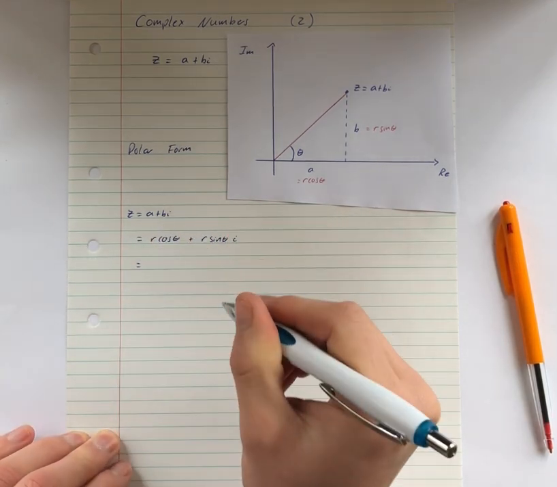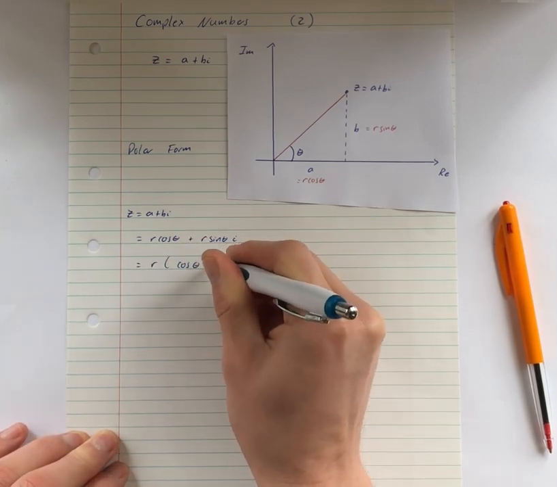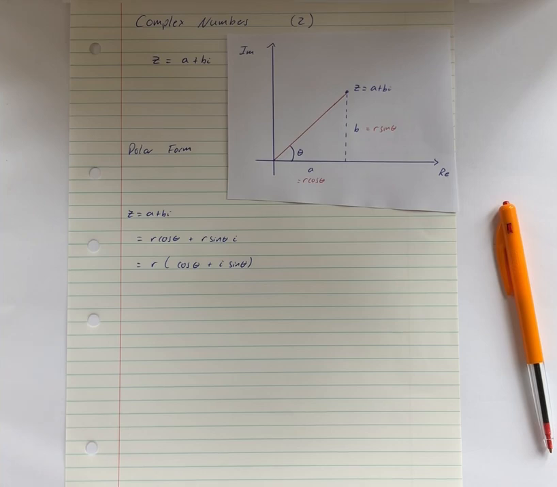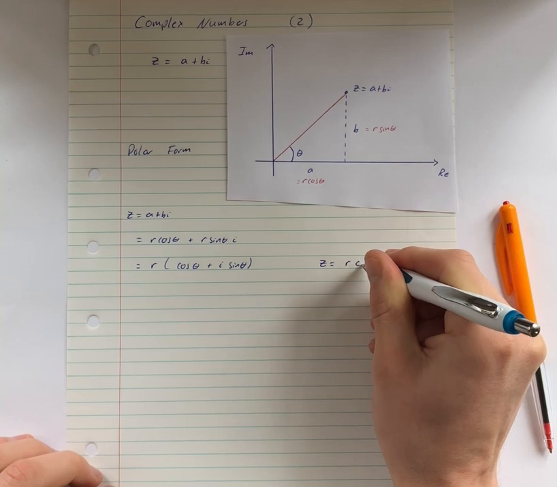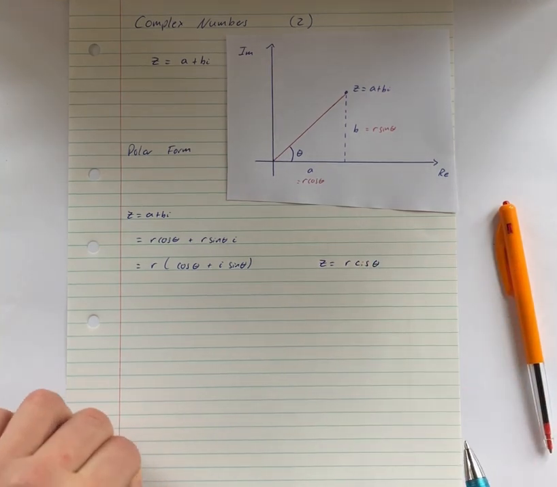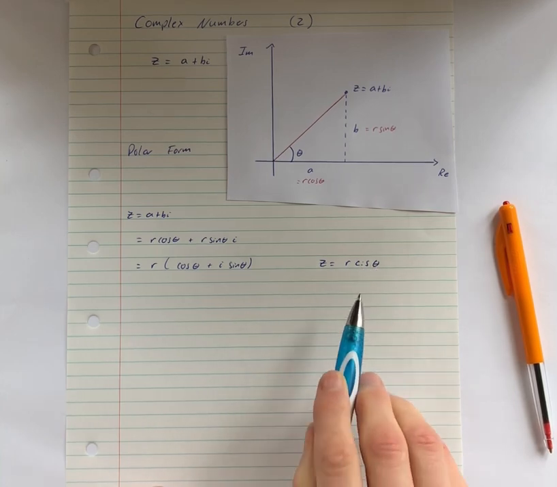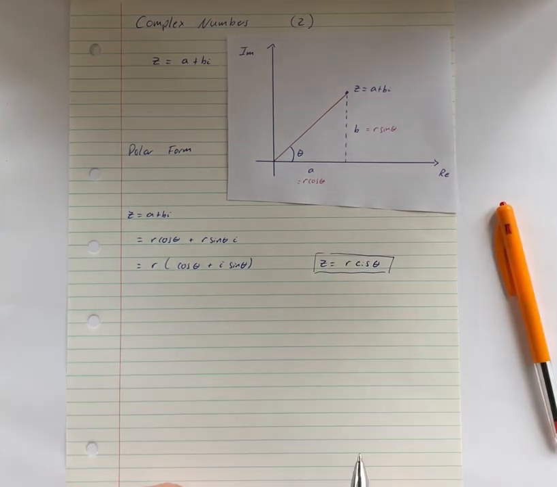And we can factor the R out, so it's R then cosine theta plus i sine theta. That's why you might have seen something in this form, R cis theta, because that's standing for cosine theta plus i sine theta. So that's where that's coming from. That's just the shorthand of this.